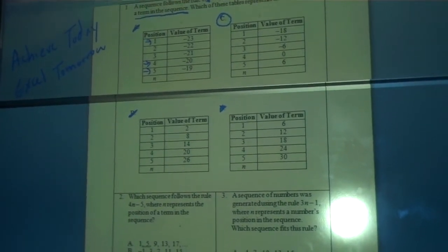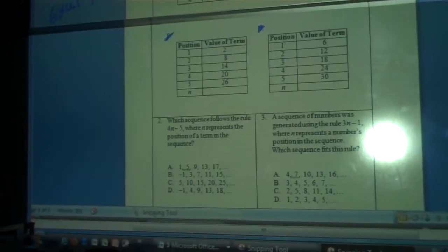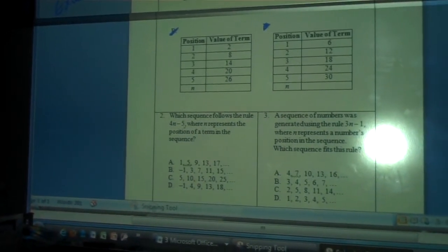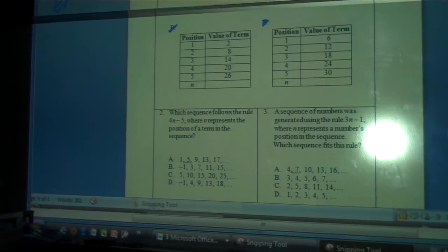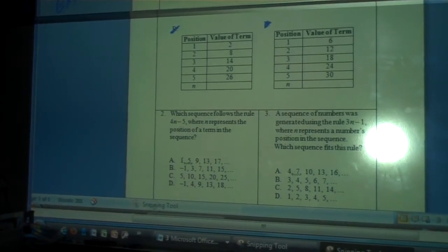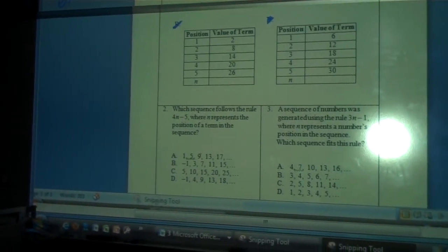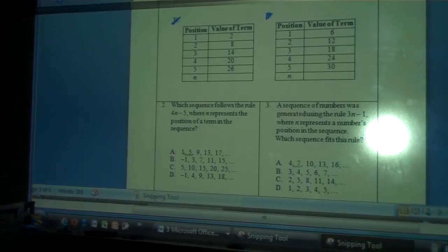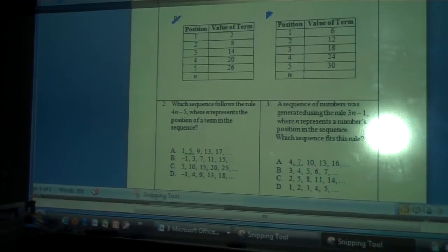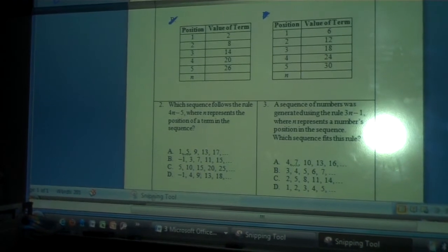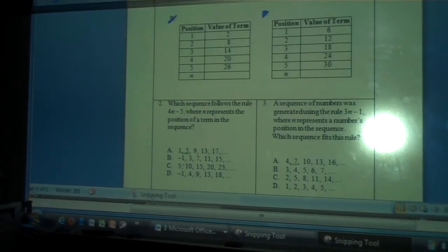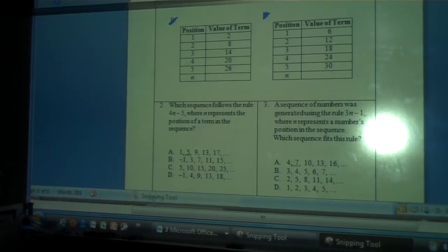A little different look down here on number 2. Which sequence follows the rule 4n minus 5? I'm not really in a chart here, but this is position 1, position 2, position 3. Same thing. The first number is position 1, second number is position 2, position 3. So looking here in the first position 1, 2 of them have negative 1.